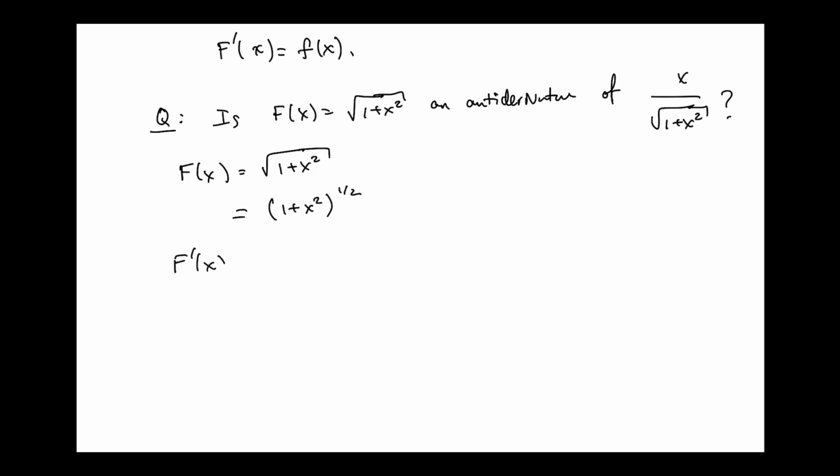F prime of x equals, times 2x. Why is it just 2x that I multiplied by there? What's the insides here? And the derivative of that is 2x.